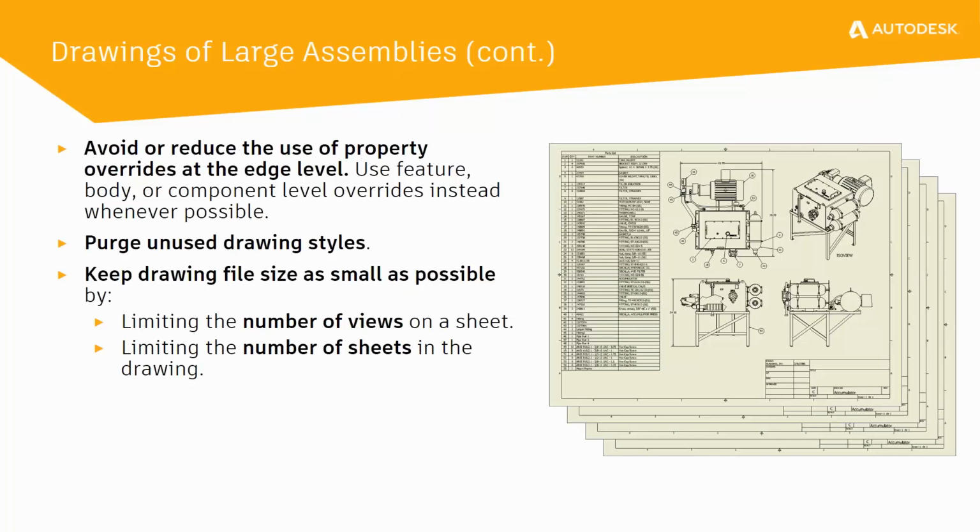And I know that this might be hard, and there's a lot of arguments that could be had against this, but the reality is try where possible to minimize those, because each drawing sheet and each drawing view adds to the overhead required of the system to be able to manage your file when working with large assemblies.